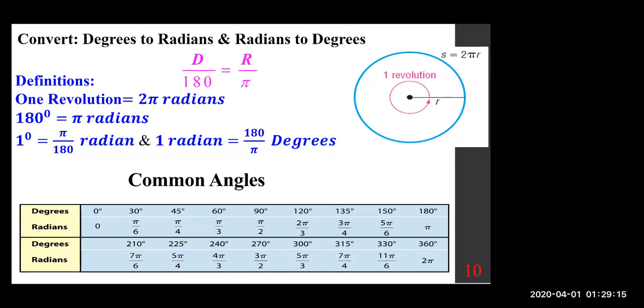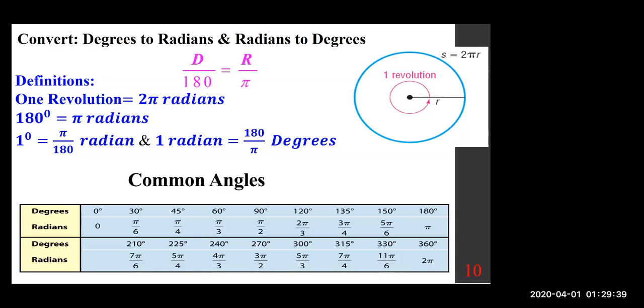180 degrees corresponds to pi radians. Everybody knows that. So at top of 180, you put D standing for the degrees. At top of pi, you put R standing for the radians. So what happens now? Any of them given, you put it in.